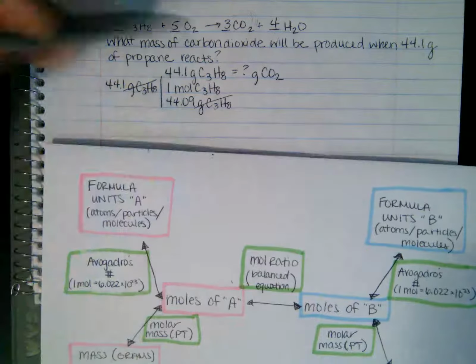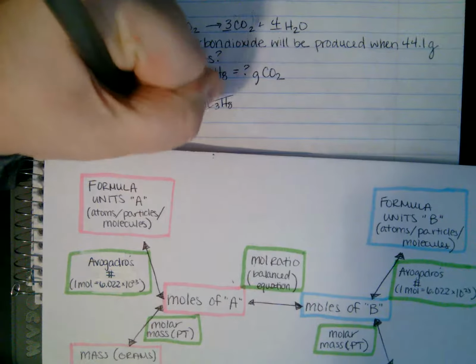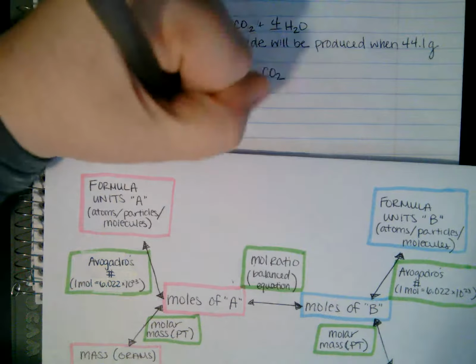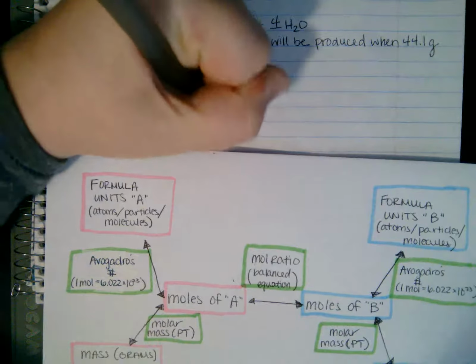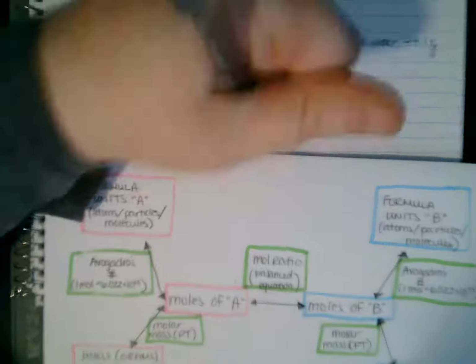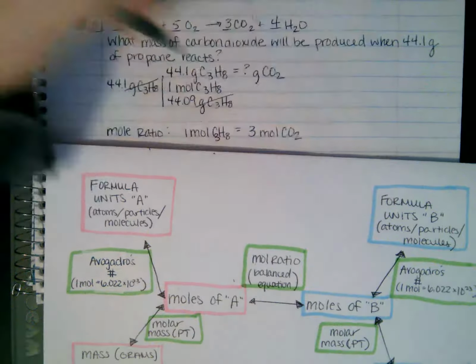So that relationship, our mole ratio in this problem, is that every 1 mole of propane that reacts is going to give us 3 moles of carbon dioxide.